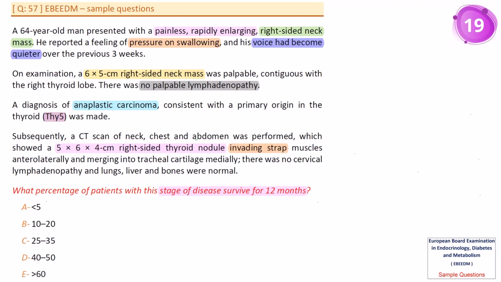If outside the thyroid, we should go to CT chest and maybe a bone scan or PET scan. So if thyroglobulin is detectable, even if the anti-thyroglobulin antibody is positive, this denotes recurrence, so we should investigate for recurrence.